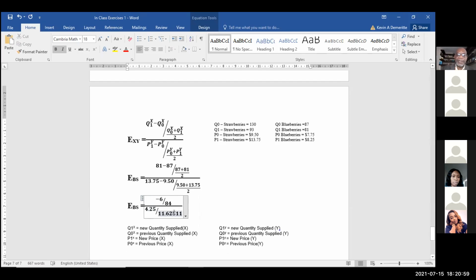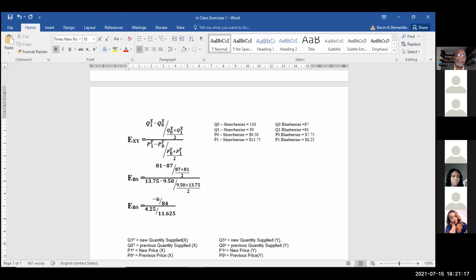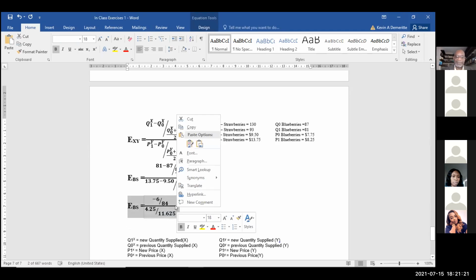Don't round early, because these numbers have so many places behind the decimal point. If you round early, it starts affecting every subsequent calculation. By the time you get to the end, your answer may be substantially different from what I'm expecting. And we don't want to have that conversation.